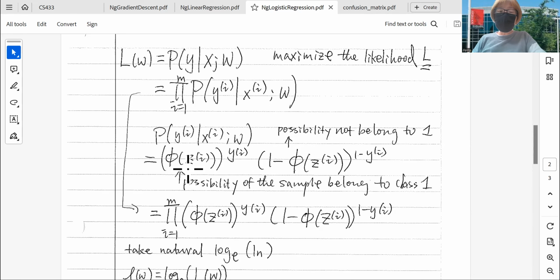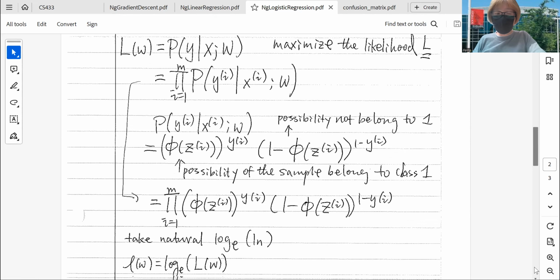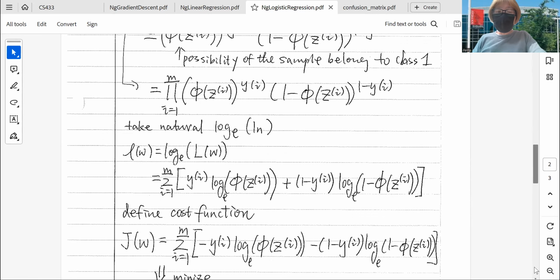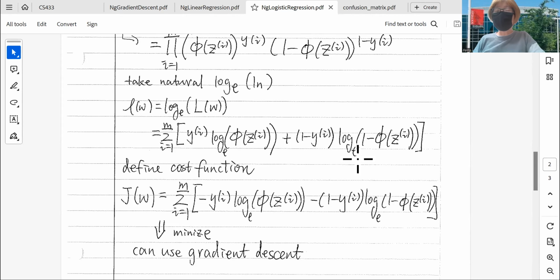So it's phi to the power y, or (1 minus phi) to the power 1 minus y. You multiply all of these together for all of the samples. This is called the likelihood function. Then we take the natural log of the likelihood. This is the cost function.